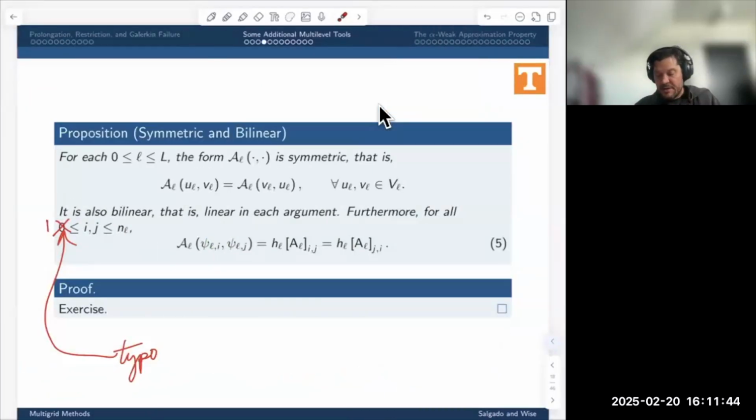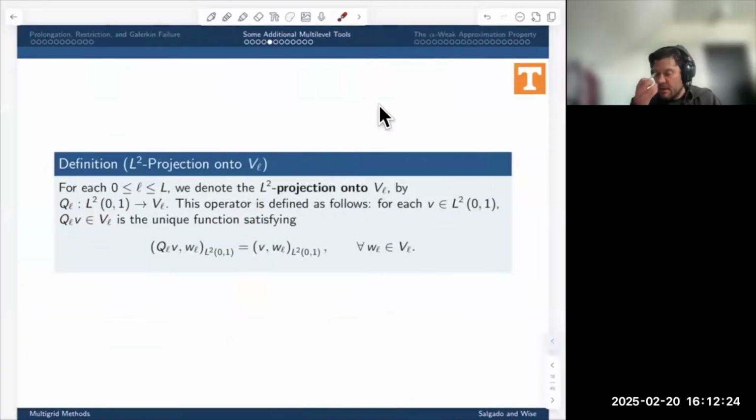If I put two functions like that into my bilinear form, then what I get out in the end is, interestingly, HL times the ij entry of my stiffness matrix, where i and j are the indices on those basis functions. Since that stiffness matrix is symmetric, I can either look at it as the ith row and jth column entry or the jth row and ith column entry. Doesn't matter. This was an exercise that we're punting to later.